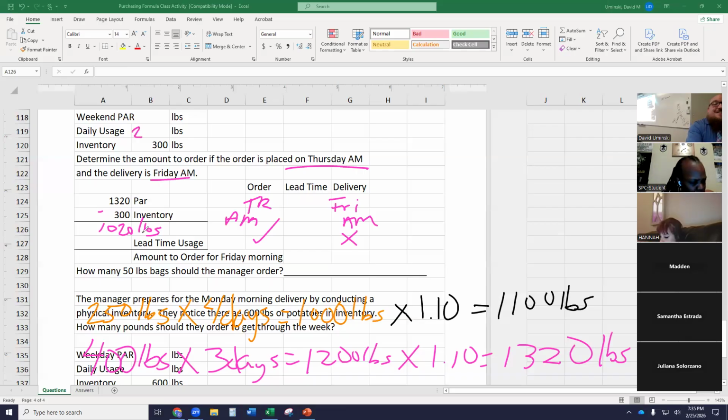It's 250 pounds, right? Because we're talking about Thursday. So this is where it's kind of tricky. I'm using my weekend par, but I have to use my weekday usage because I'm looking at my usage on Thursday. It kind of throws you off just a little bit, but that's okay. We're going to add that 250 pounds of lead time usage. We add those together and we get 1,270 pounds.